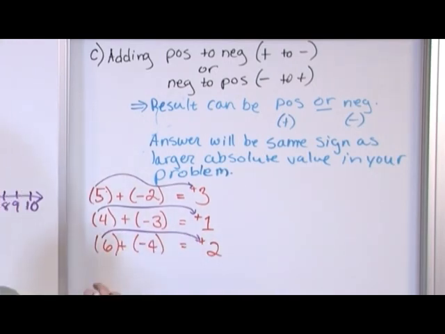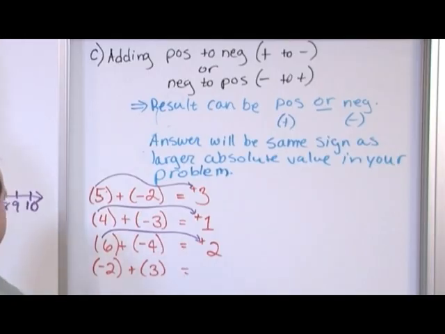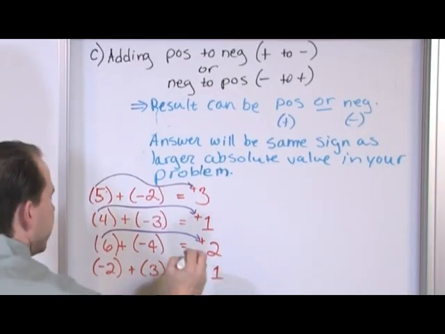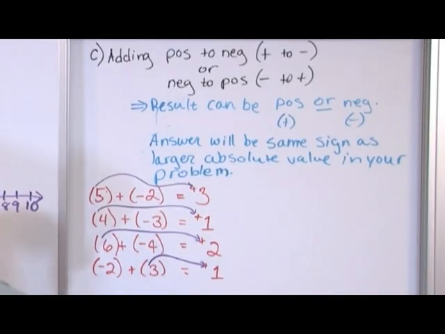Now let's flip it around a little bit. And let's say I had negative 2, so a negative number first, plus positive 3. But it's exactly the same thing. You just take the numbers that you have, a 2 here and a 3 here, and you subtract them. 3 minus 2 gives you 1. And the bigger number is this one on the absolute value side of things, so it's positive. So the sign kind of came from the fact that that one was bigger.